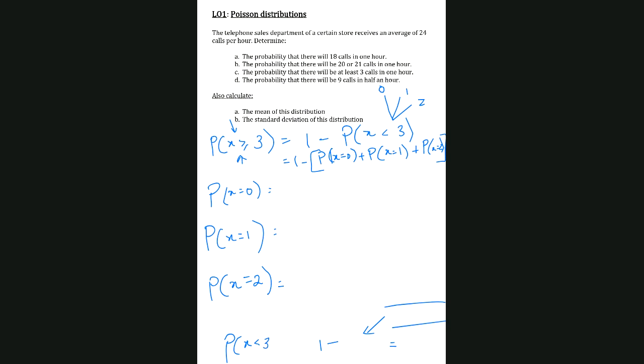So here, x being less than 3, you're going to substitute. Remember, in the formula, e is to the power of minus 24. You'll multiply that by 24 to the power of 0 over 0 factorial. This would be e to the power of minus 24 multiplied by 24 to the power of 1 over 1 factorial.